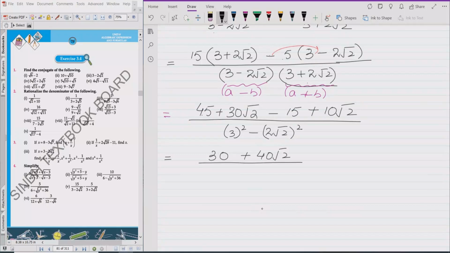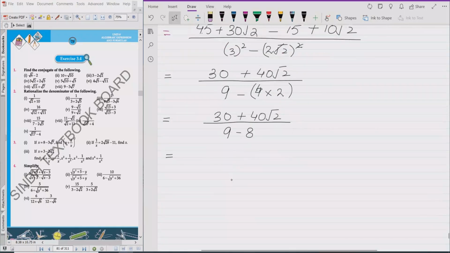In the denominator, we have 9, 3 threes are 9, and 2 twos are 4 multiplied by 2, because this 2 is cancelled by the square, right? So now we have 30 plus 40 root 2. In the denominator, we have 9 minus 8. So after simplification, we get 30 plus 40 root 2 upon 1, and the answer is 30 plus 40 root 2. So this is the final answer.